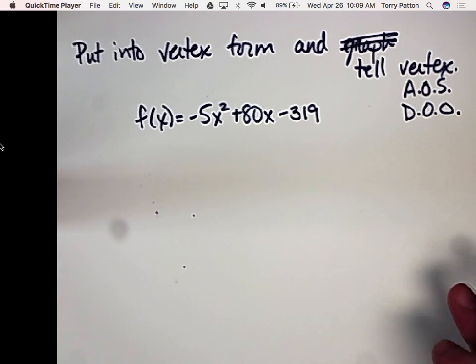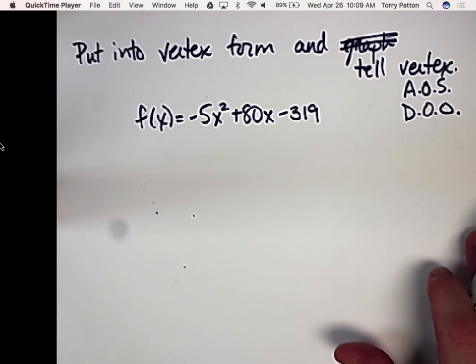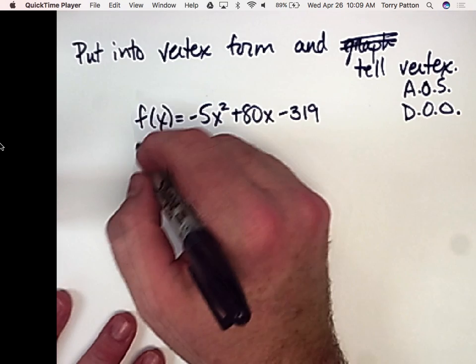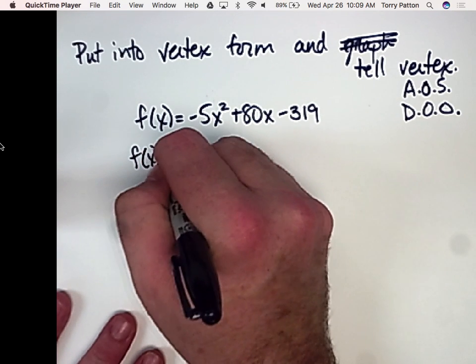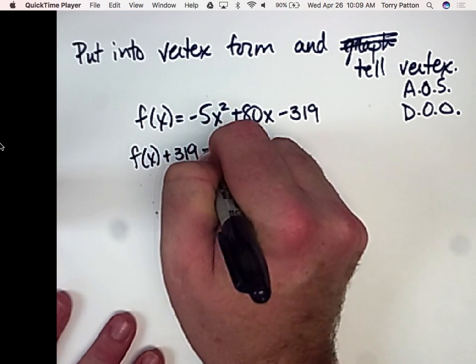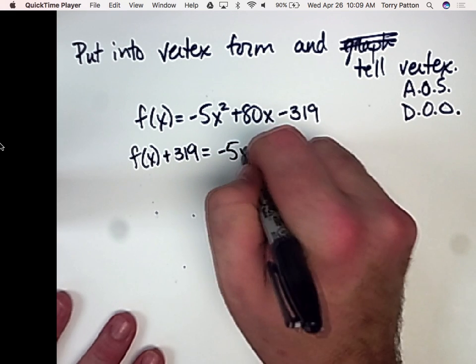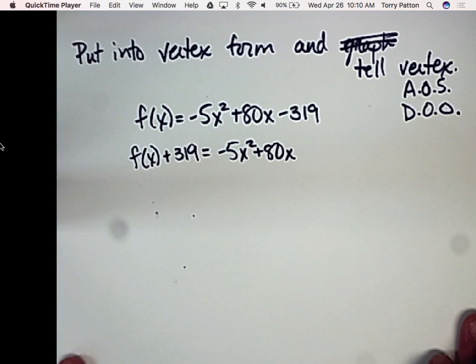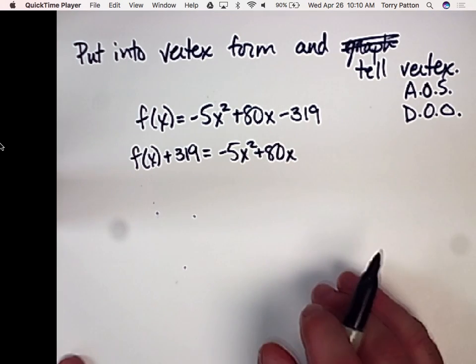So to get into vertex form, the first way to do it is to complete the square. First thing we're going to do is take the constant to the other side. Then we have to factor out a.